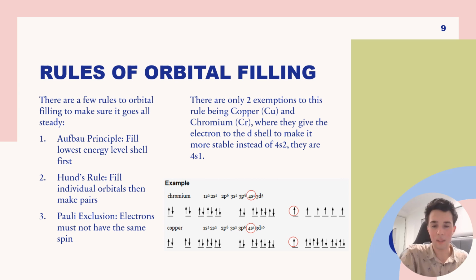And a quick thing that Miss White didn't cover, but I'll do it for you now. There are two exemptions to the rule with, I think it's the Aufbau principle, where copper and chromium hold exempt. So I've done a diagram here so it's a bit easier to visualize.